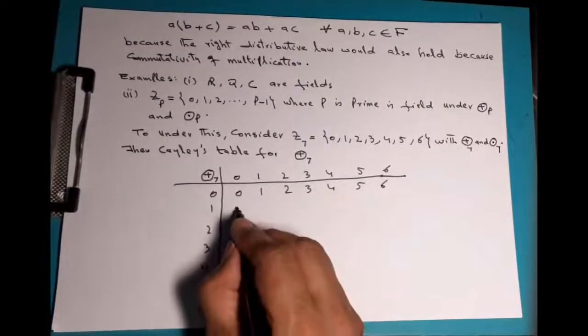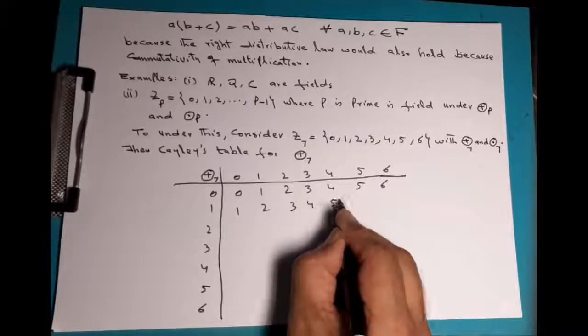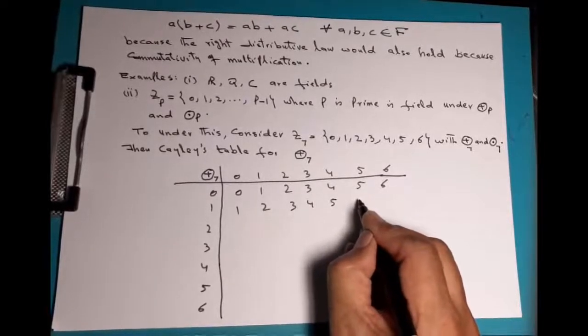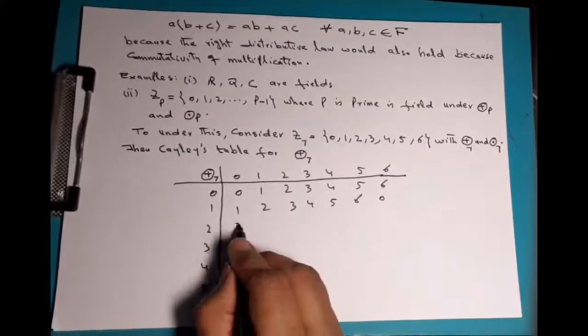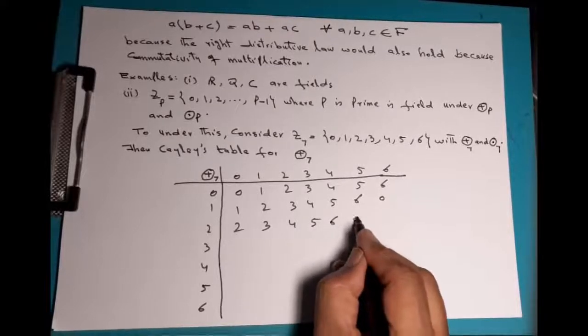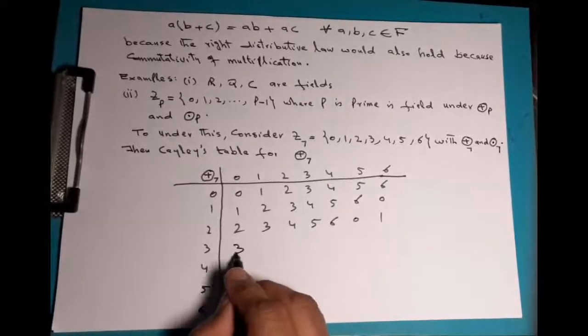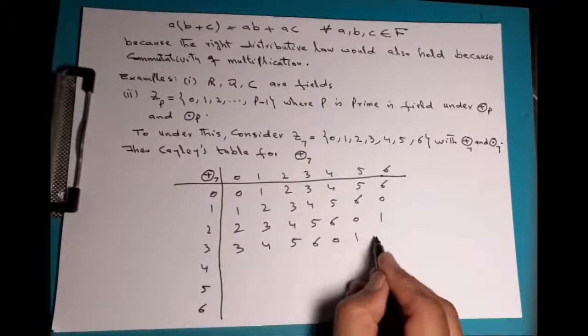And then 1, 2, 3, 4, 5, 6, 0. And then 2, 3, 4, 5, 6, 0 and 1. Then 3, 4, 5, 6, 0, 1 and 2.